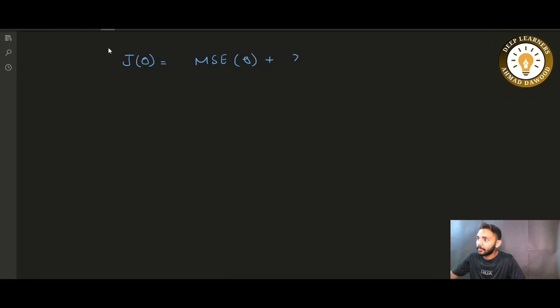If we add some penalty to that mean square error function, we can control the overfitting. This lambda factor controls how much penalty we have to add to the cost function.